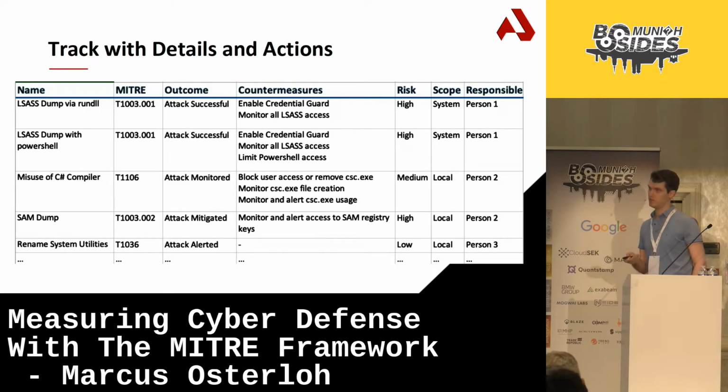So how important is it? How fast do I need to act here? And we have a scope. For me, system here is the whole environment of the company, and local is more the local machine. It's only affected there. And you have some person that is responsible to mitigate or do the work behind the successful test case.